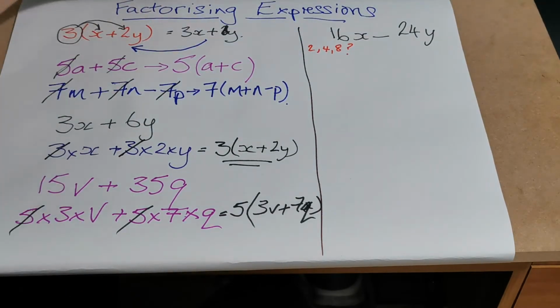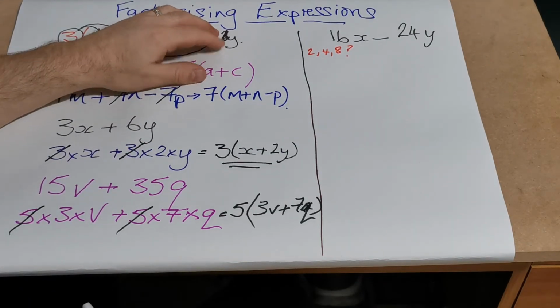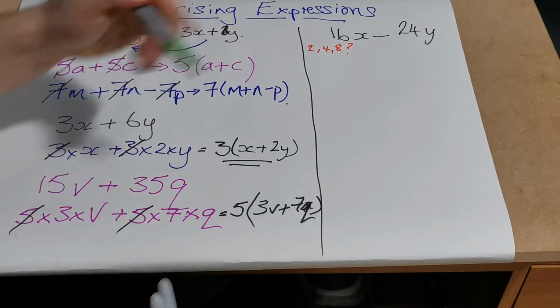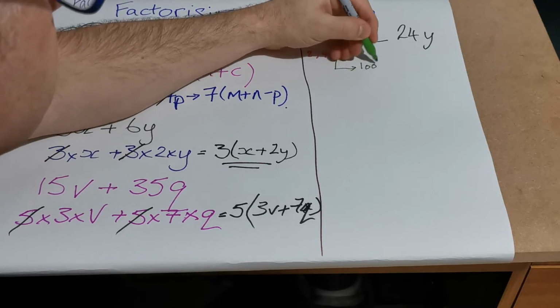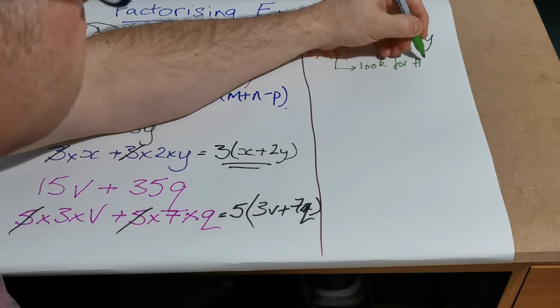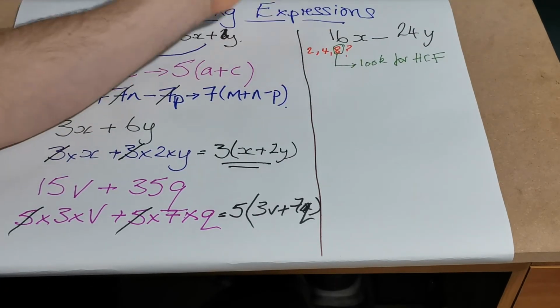And I've hinted at that already now: the idea of common factors, and we add an extra word at the beginning, and that is highest. So look for the highest common factor. 8 is what we use.